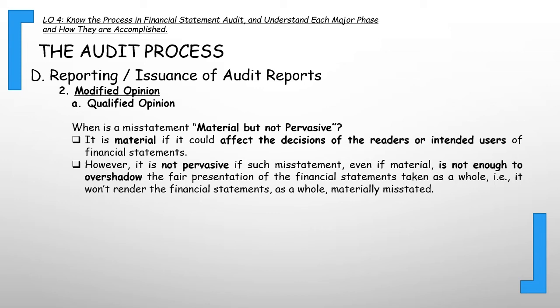Then yung pervasiveness naman, sabi niya sa pervasiveness, yung misstatement is pervasive if it could affect the financial statements as a whole. Okay? So bigay tayo ng example, okay? So example, yung misstatement ng let's say cash in bank.